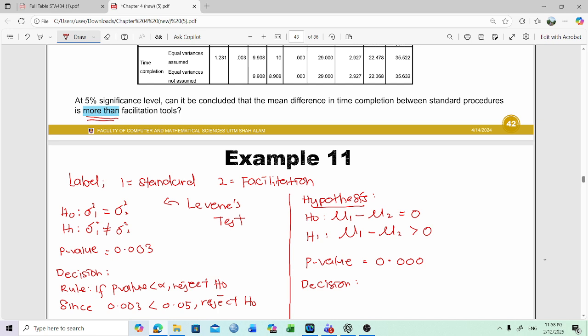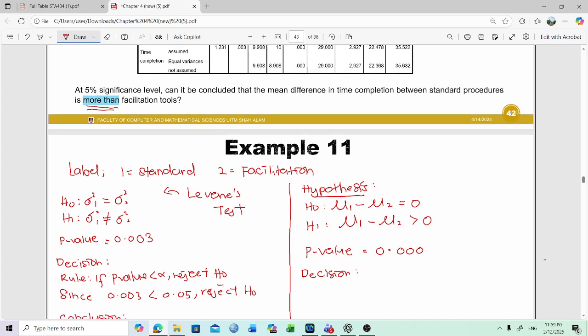So the decision is, remember to always state the rule. Okay. So again, the rule is similar to previously. If p-value less than alpha, we can reject the null hypothesis. So for this one, I'm going to write the decision straight away, but make sure you write the rule in your notebook.